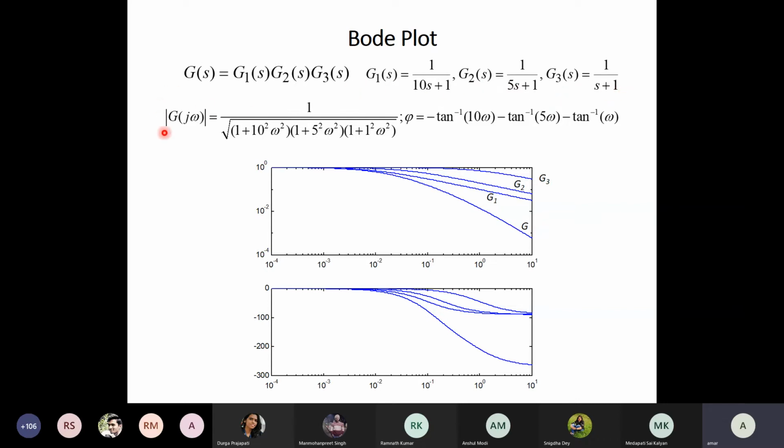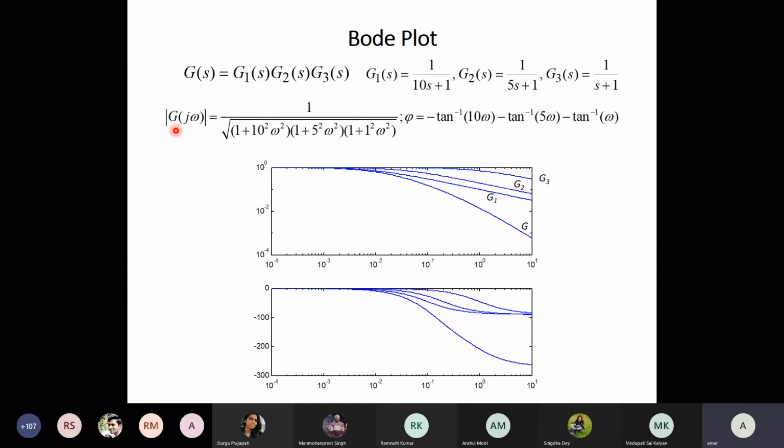Then I can easily find that the modulus of G(j omega) is the product of the individual moduli, modulus of G1(j omega), G2(j omega), and G3(j omega), that I will multiply.